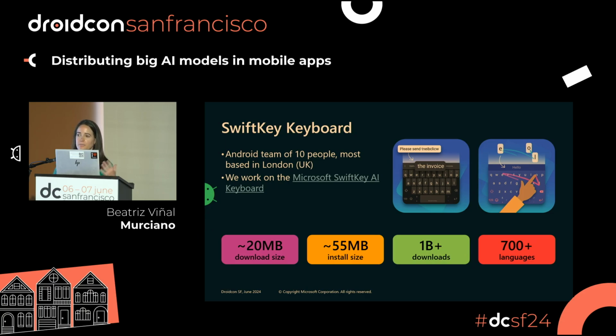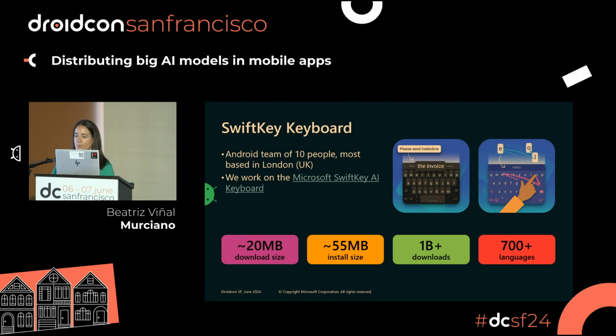It also has a lot of other features for all of your input needs, like emoji, GIFs, clipboard, and it now integrates the latest generative AI tools like Copilot and Designer. It is available for free for Android and iOS. Since you're here, I guess you're most interested in the Android version, and that's the one I work on. So you can get it for free in Google Play, and you can see that it's been downloaded more than 1 billion times.